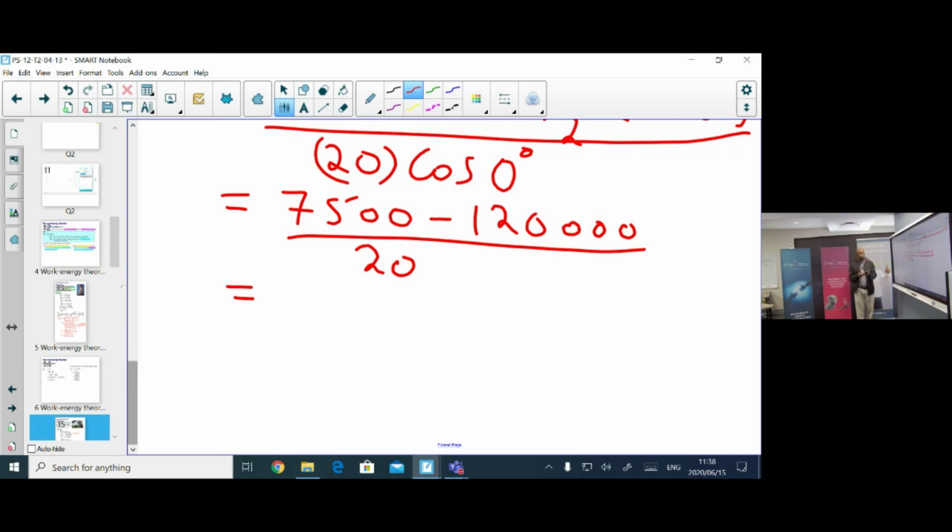That is 7,500 minus 120,000 divided by 20, which is equal to minus 5,625.